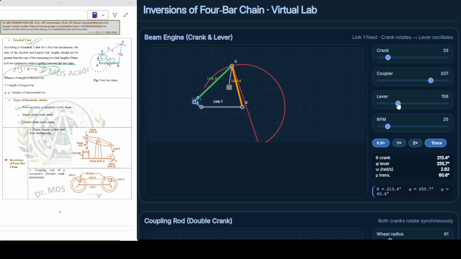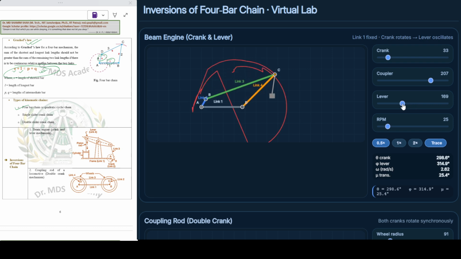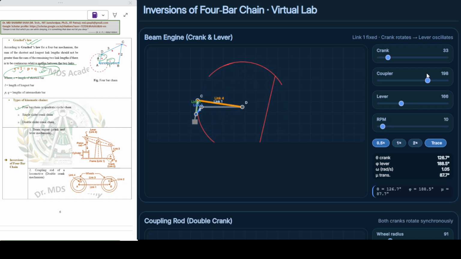And this lever I'm setting at 207 or 208, and this I'm setting at like this.